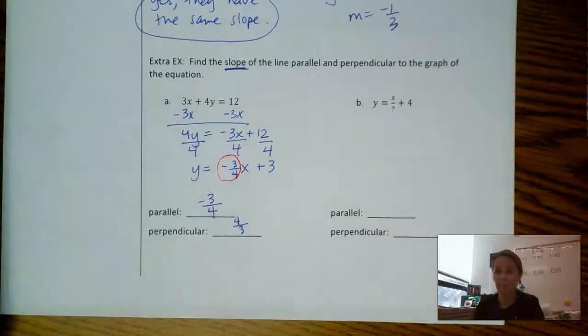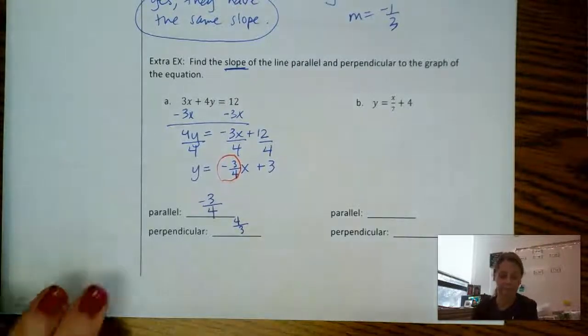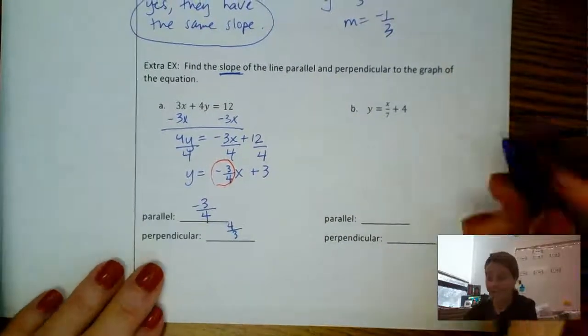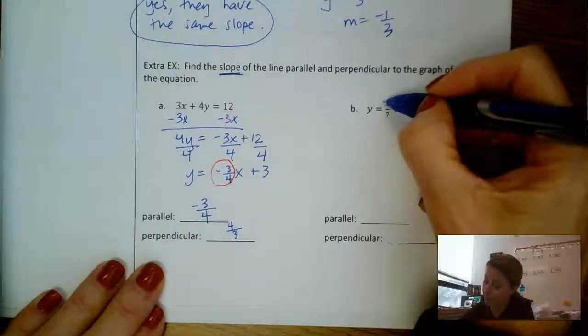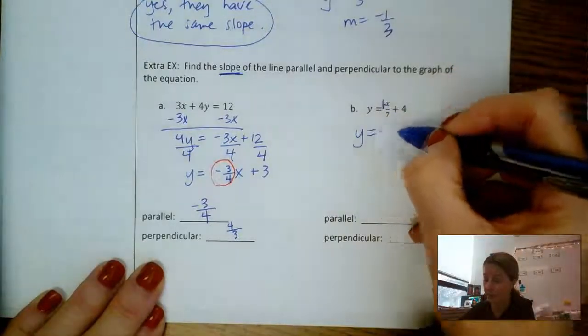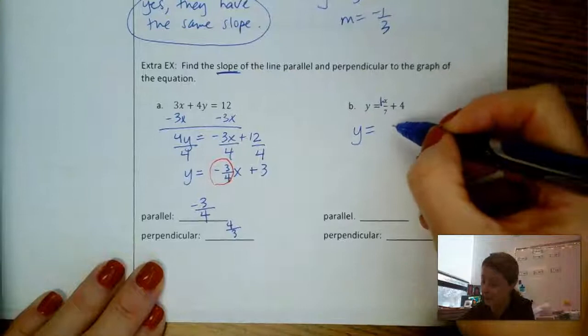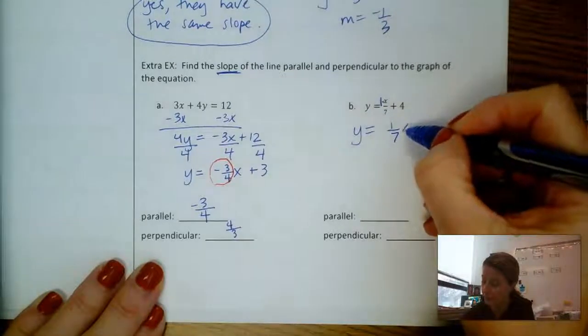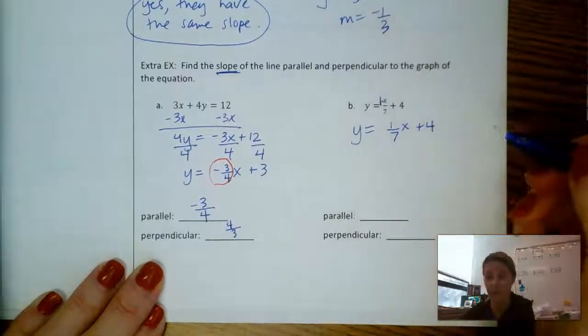Okay, try B. Go ahead and pause and work through letter B. Okay, this is in slope-intercept form. So remember, there's really a 1 in front of that x right there. If I wanted to make it a little more clear, I could rewrite it as 1/7 x plus 4.